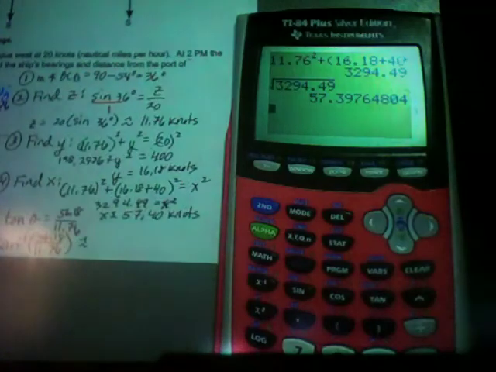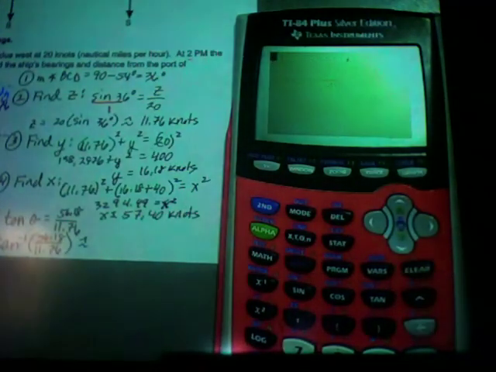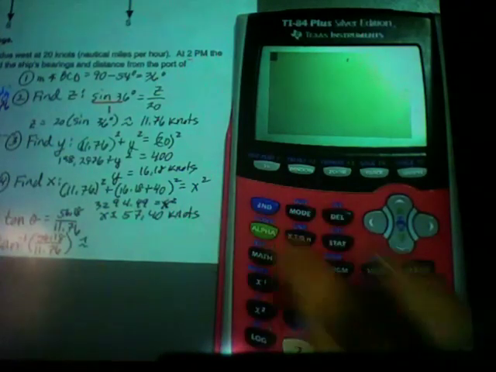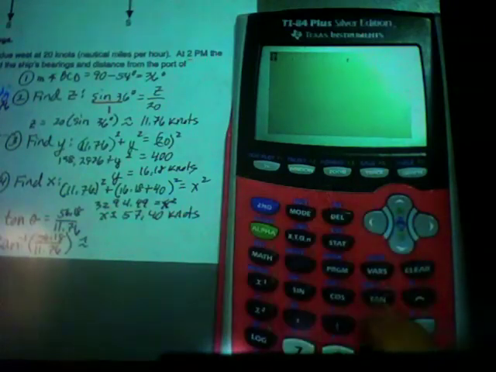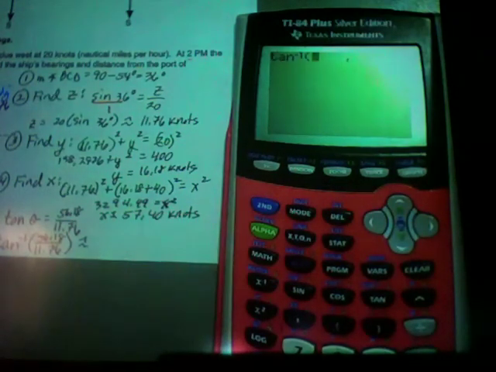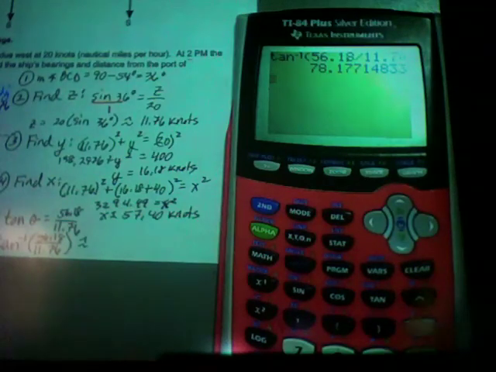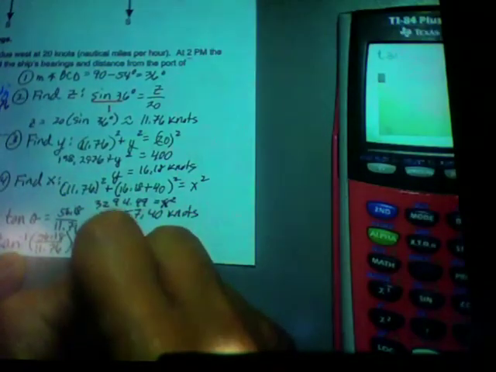I'm going to clear all that out. Very good. So we get the second function tangent. Oops, that would be sine. Try again. Second function tangent of 56.18 divided by 11.76. 78 point what? 18. And what is that? Degrees.